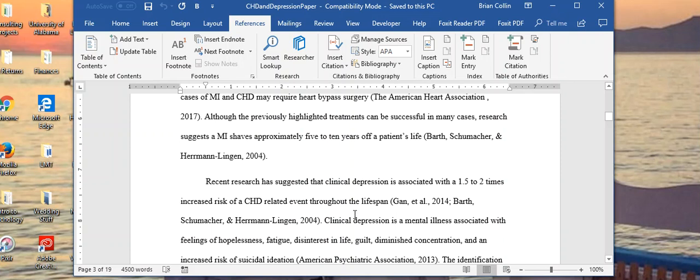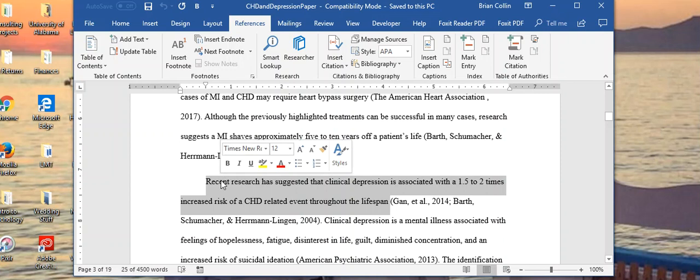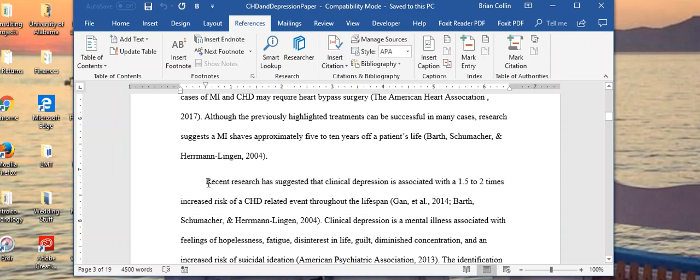And so what I did was what's called a bridge sentence or a transition sentence. I introduced depression while also addressing coronary heart disease. I wrote a sentence at this paragraph, after talking about heart disease, that talks about both heart disease and depression.